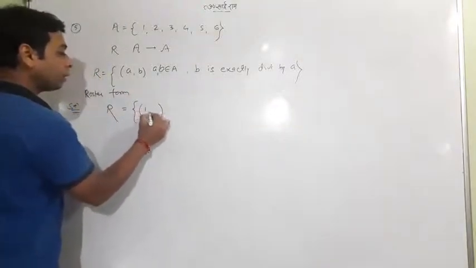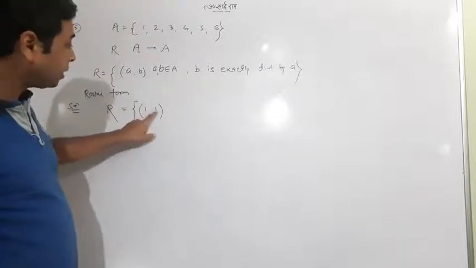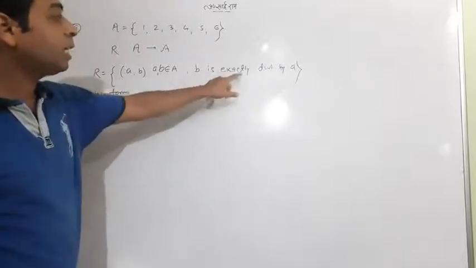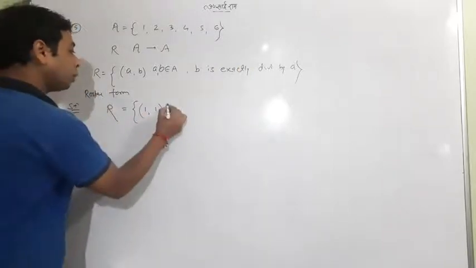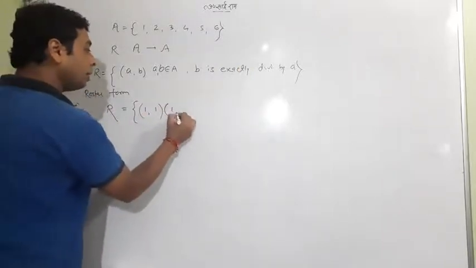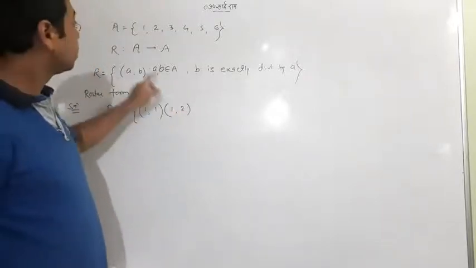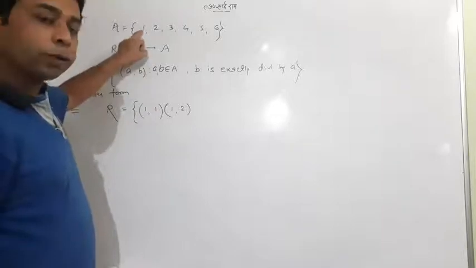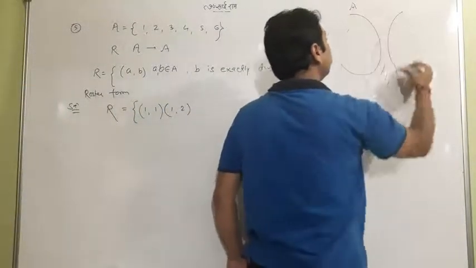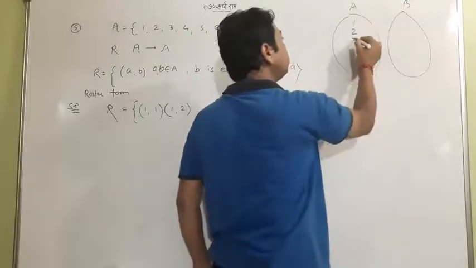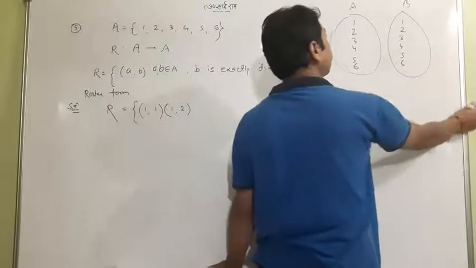First I'll write (1, 1). Second element B, first element A. B is exactly divisible by A. This should be divisible by 1, yes. What about next? (1, 2). The second element is divisible by this. I'm making the picture: it contains 1, 2, 3, 4, 5, 6, and 1, 2, 3, 4, 5, 6 like that.